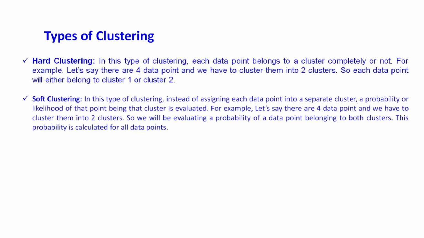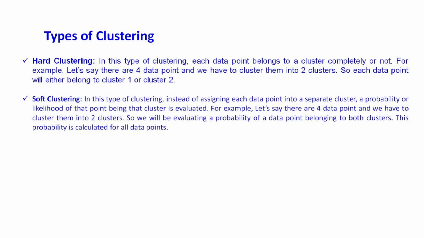Okay. So, there are other types of clustering also, like hard or soft. In hard clustering, each data point belongs to a cluster completely or not. Remember that. For example, let us say there are 4 data points that we have to cluster into 2 different clusters. Each data point will belong to either cluster 1 or cluster 2, not both. But in soft clustering, this assumption is relaxed.